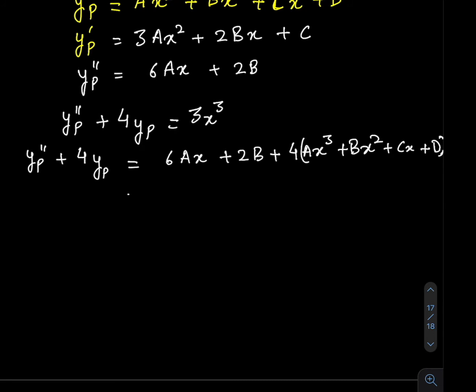Now let's collect the coefficients of similar terms. Coefficient of x cube is 4a. Coefficient of x square is 4b. We have this 4 multiplied over here.